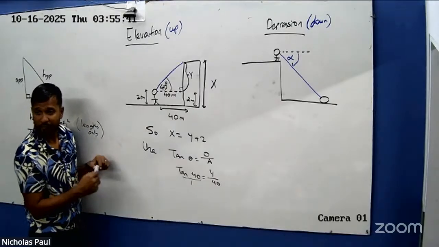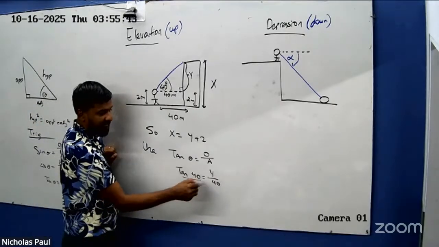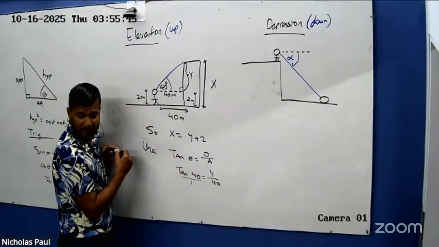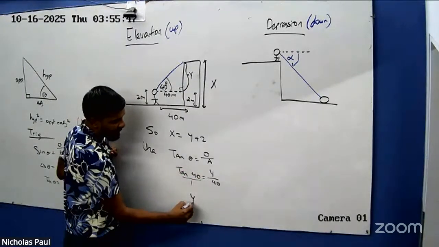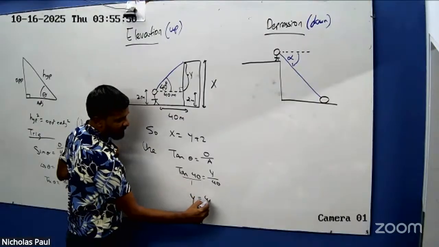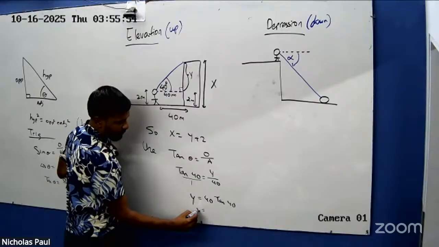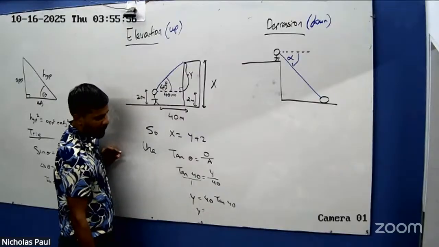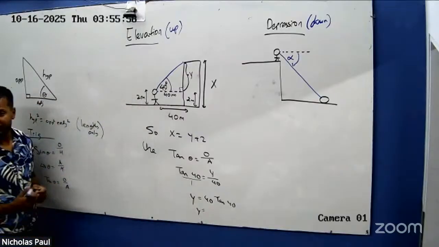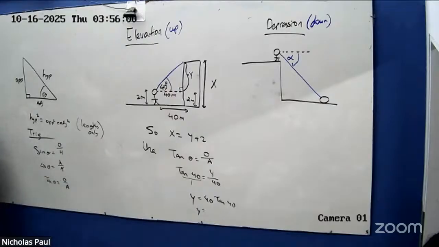That's okay? Two fractions with an equal sign, we cross multiply. So Y by 1 is this, 40 by this is 40 tan 40. How much is that? Make sure you calculate in degrees, right? Make sure it's in degrees.